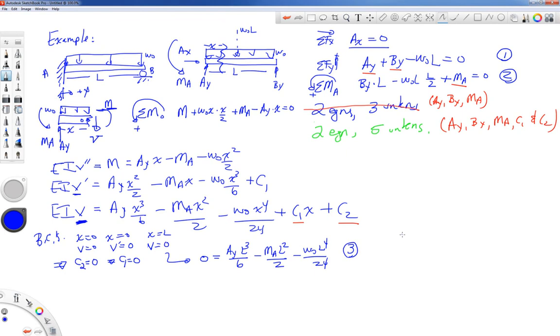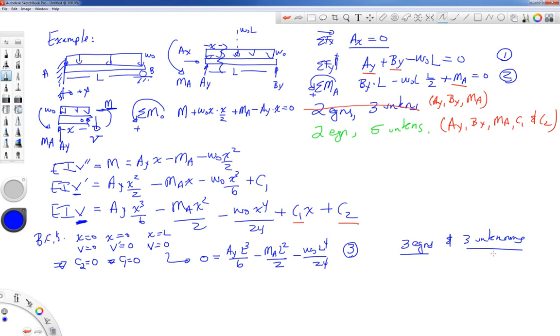Now we have 3 equations and 3 unknowns. If this had a wall on both sides instead of a roller, you would end up with 4 equations and 4 unknowns. All right, so we have equation 1, 2, and 3.